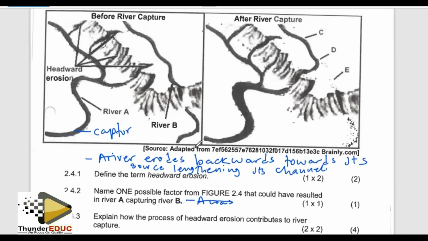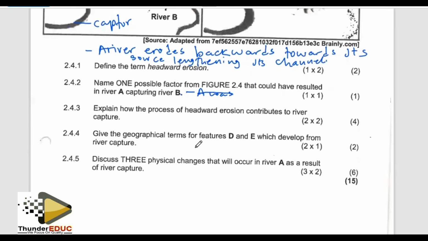You can see this is our feature D here after capturing. That's feature D there, which is curving. And a feature which curves, you will refer to it as the elbow of capture, where capturing took place.